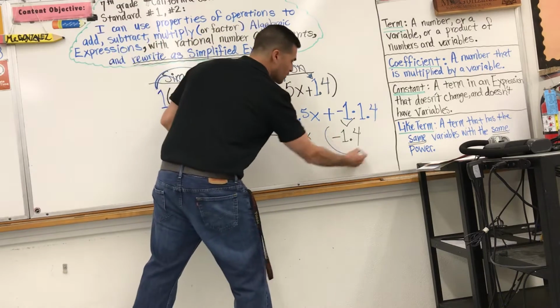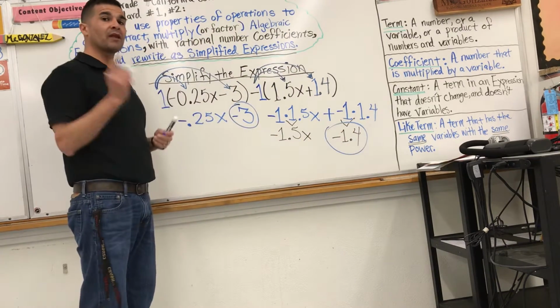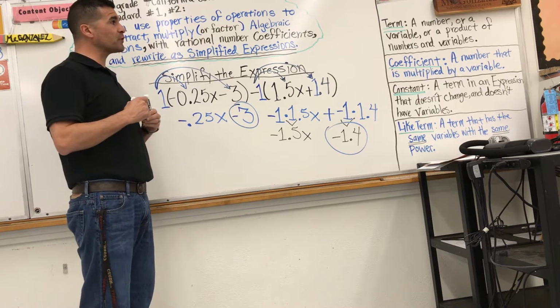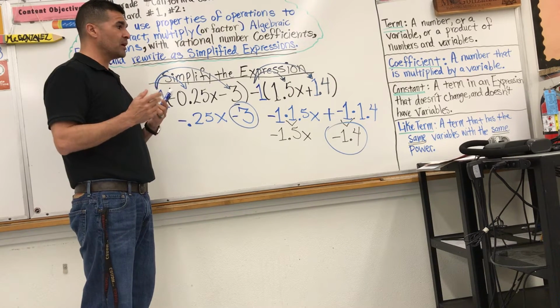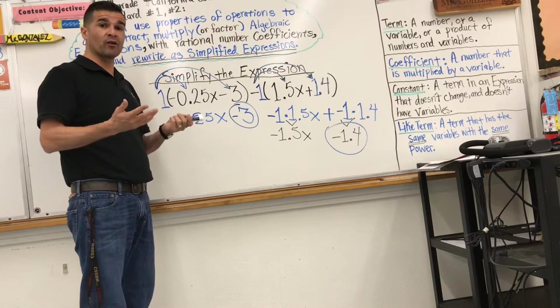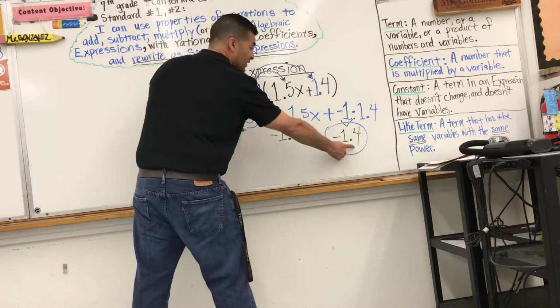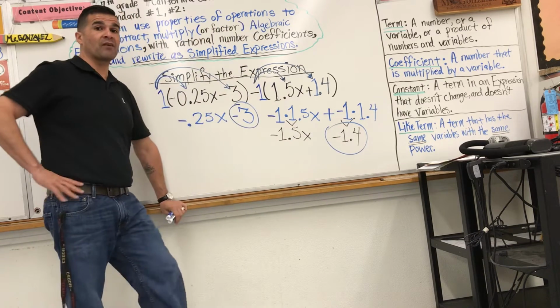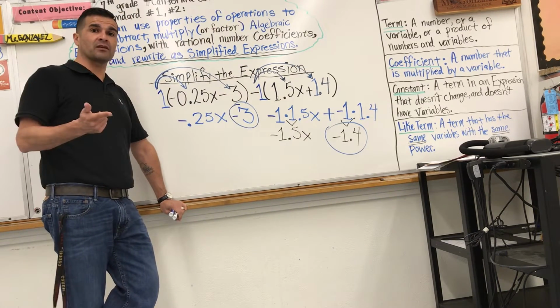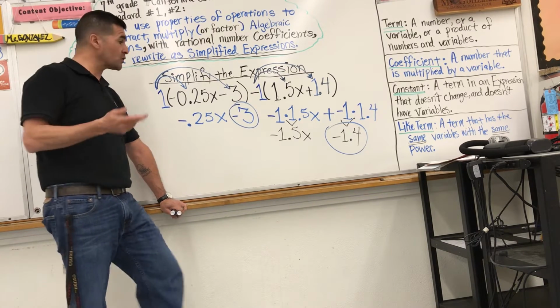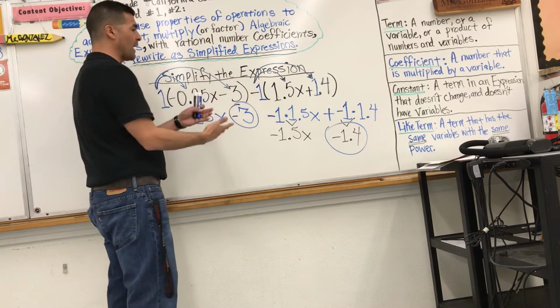They're not like each other because they're both negatives. They're like each other because they both don't have a variable. In order for something to be a like term, it has to have the same variable with the same exponent. Since this term and this term, they both don't have any variables, they're like each other. They both don't have a variable or an exponent, so at this point, we can combine them.